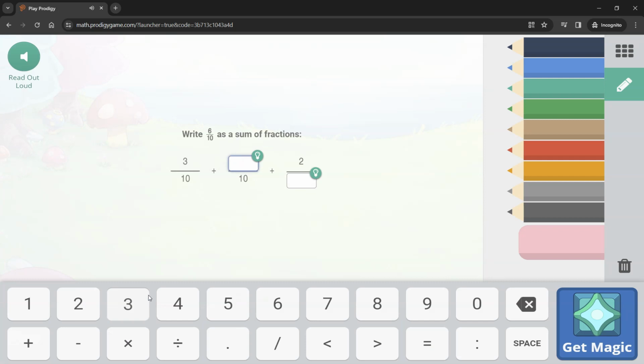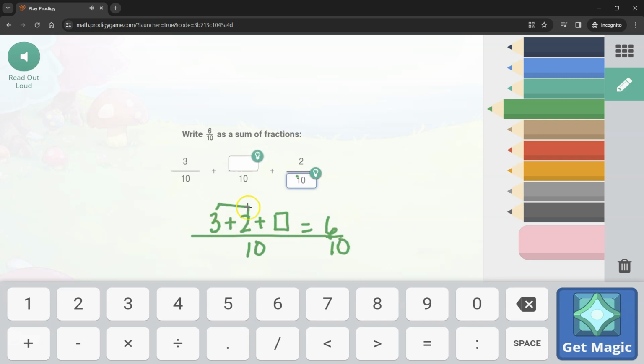Okay, so now we're moving to the next piece. No more mixed numbers. It says write 6/10 as a sum of fractions. So this is kind of almost like an algebra problem. Because it wants a sum, we know our denominators have to be the same. So that has to be 10 because we're adding. So I have to think, 3 plus 2 plus what number will give me 6/10?